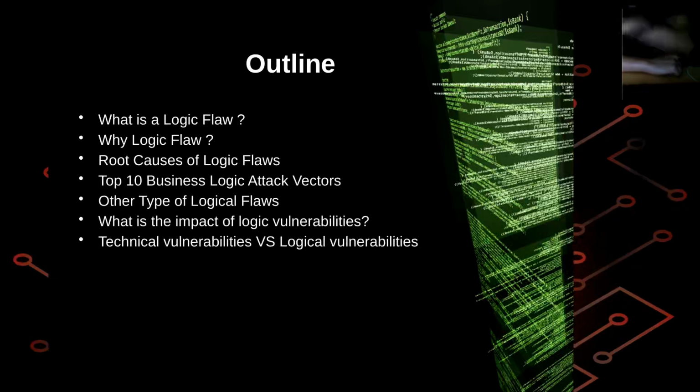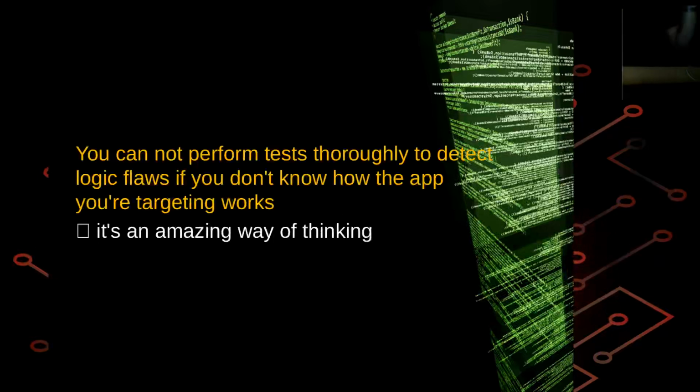And what is the impact of the logical vulnerabilities, and what is the difference between the technical vulnerabilities and the logical vulnerabilities. As I told you previously, you cannot perform tests properly to detect critical flaws if you don't know how the application works. It is an amazing way of thinking.